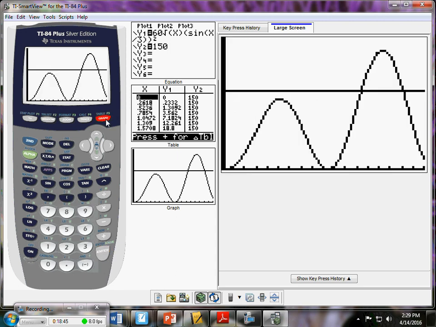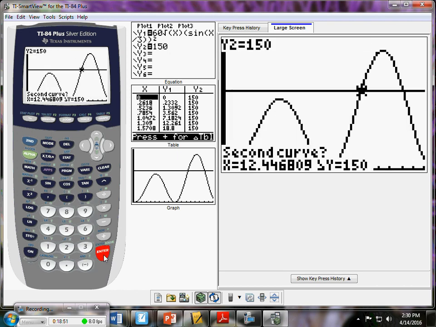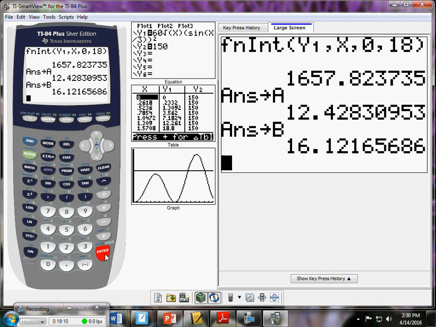Then you go back to the graph, second calc, option 5. First curve, second curve, yes. Enter. 16.122 roughly. And we store that by second mode, store alpha B, enter.